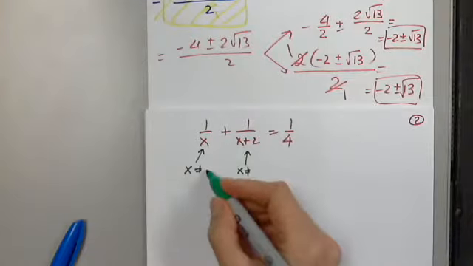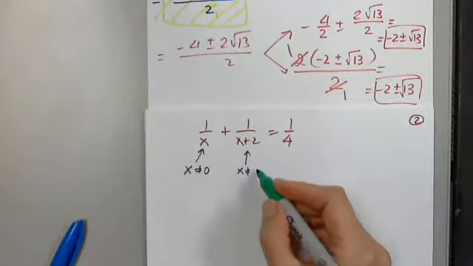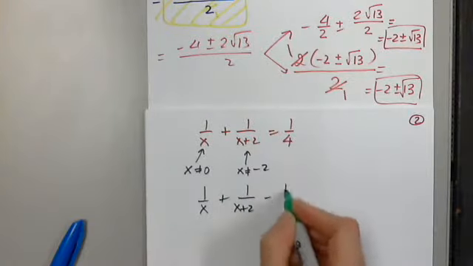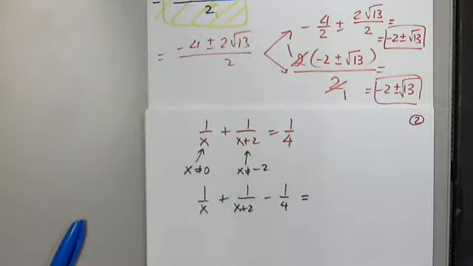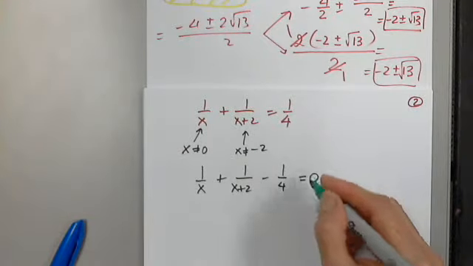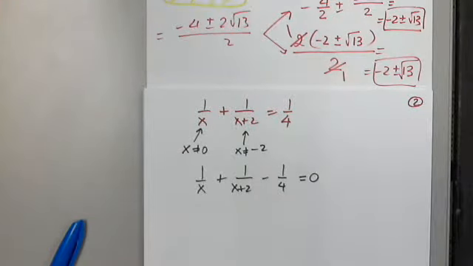So x not equal to 0, and x not equal to -2, perfect. Now I have 1 over x plus 1 over x plus 2 minus 1 over 4 equals, of course, if I don't write 0, I'm in big trouble. Only now, at this stage, I find the LCD, the least common denominator. What is the least common denominator here?